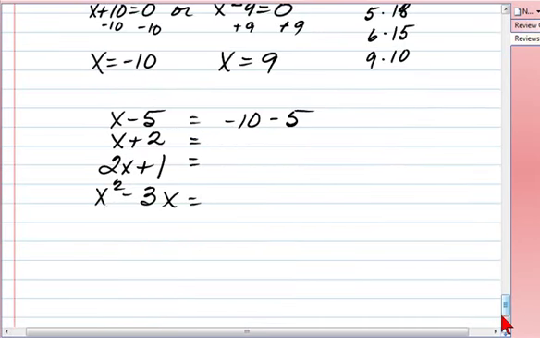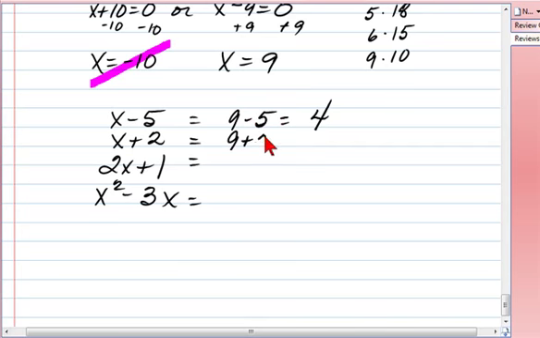Okay, when I put negative 10 in for x, what do I get for the first side? Negative 15. Is that okay for the length of a side? No. So I'm going to erase that, and I'm going to say, never mind, x can't be negative 10 because it begins to give me negative lengths. If x is 9, 9 minus 5 is 4. 9 plus 2 is 11. 2 times 9 plus 1 is 19.